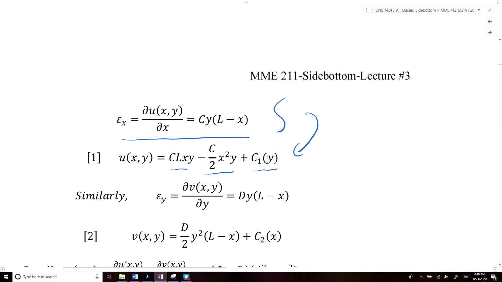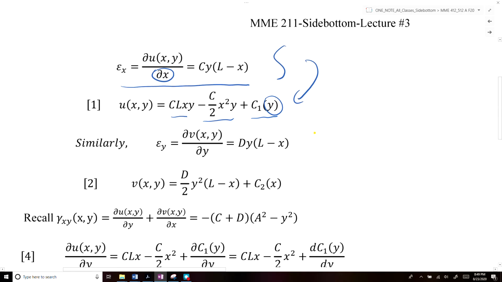Now note the integration constant is a function of y, not a constant, because this is a partial derivative. Okay? So if you take the derivative of this function with respect to x, c1 of y would be equal to 0. All right?